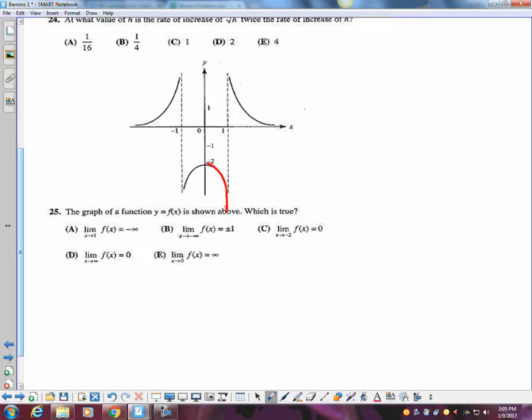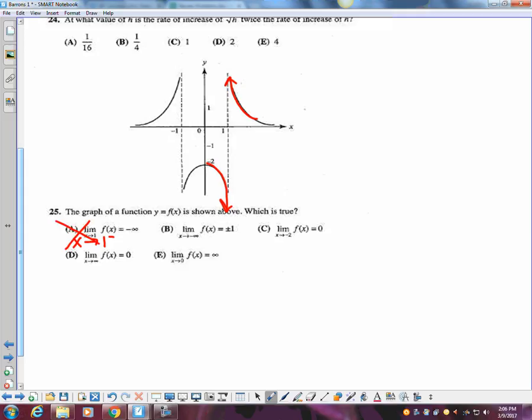Negative infinity. If I approach 1 from the right, where am I going? That means that the limit of f of x as x approaches 1 doesn't exist. Okay, so it's not approaching negative infinity. Now, if this was as x approaches 1 from the left, y'all remember that? That would be negative infinity.